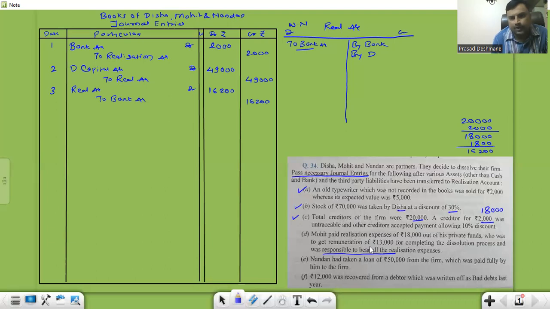How much remuneration? 13,000, right? When we pay, we add on the debit side. To whom do we pay? Mohit, so I'll write here Mohit's capital account. The entry will be what? Realization account debit to Mohit's capital, because Mohit was debited in the ledger, so it will be credited in the journal. 13,000.